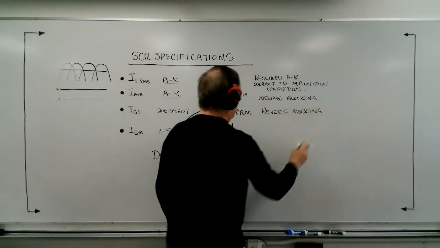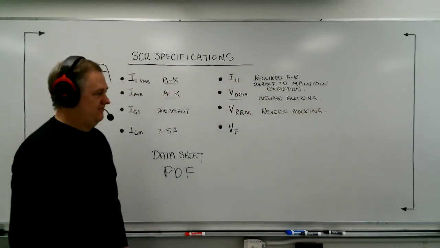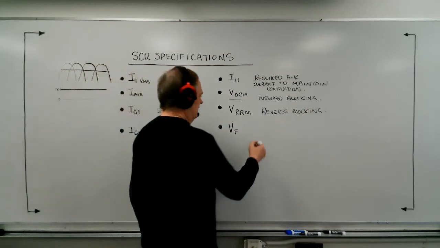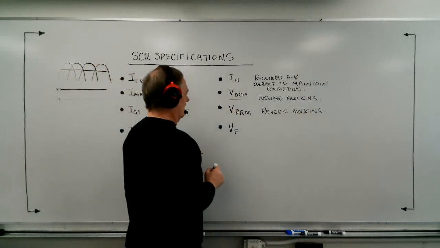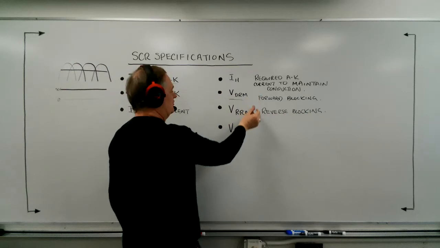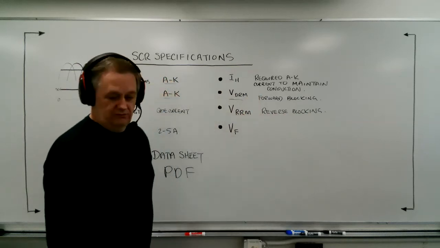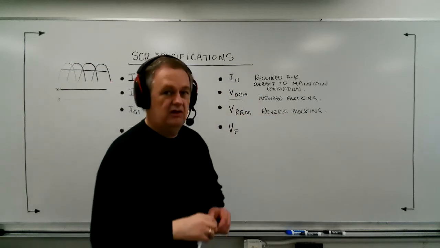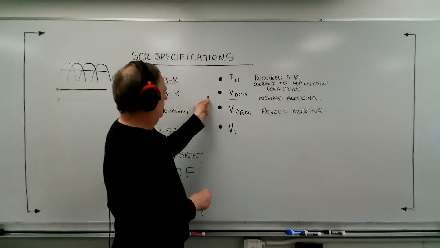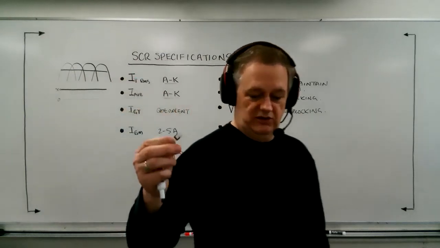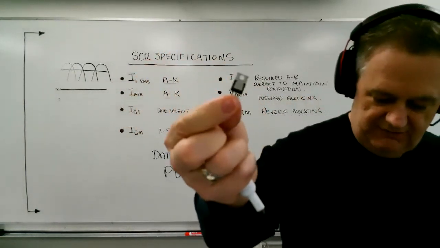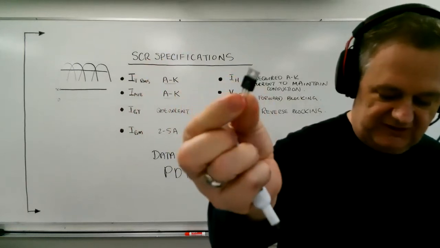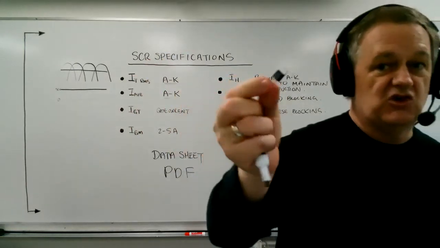The only time that it doesn't would mean that it had failed. So it definitely reverse blocks. These two voltages are usually quite similar. For this SCR here, the blocking voltage is about 600 volts in each direction.